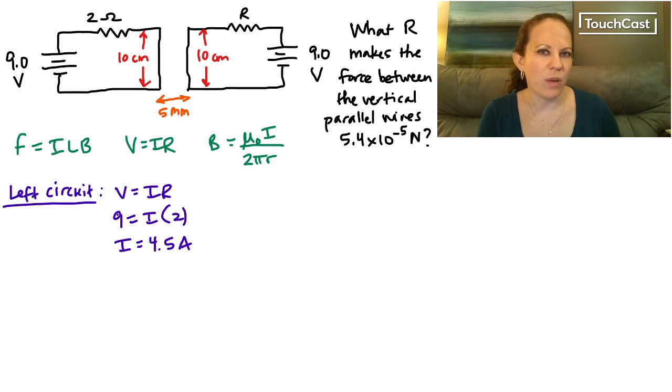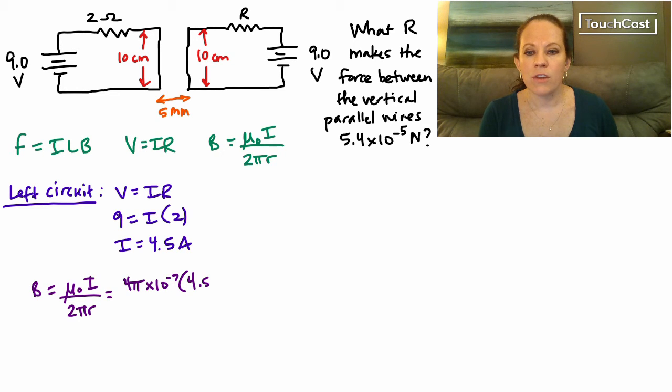Okay, the next step we laid out for ourselves is that we're going to find the magnetic field created by the left-hand circuit's vertical wire. So using B equals mu naught I divided by 2 pi r, remember that mu naught has a value of 4 pi times 10 to the negative 7th. The current in the left-hand wire that's generating this magnetic field was 4.5 amperes.